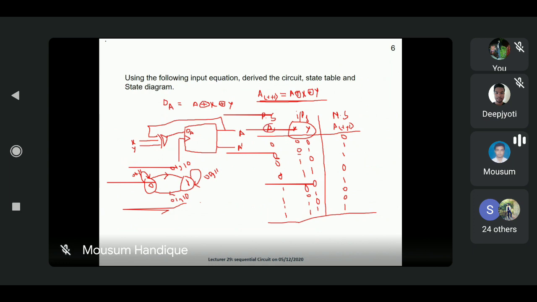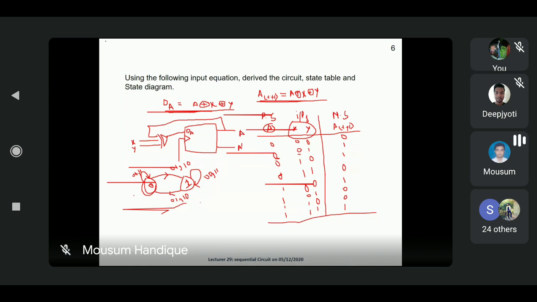That means only A. Here we are not using any other variable for present state, because this particular equation does not permit us to give 2 variables for present state. So for that purpose, in this particular state we are using only 0, and in this particular state we are using only 1 bit.